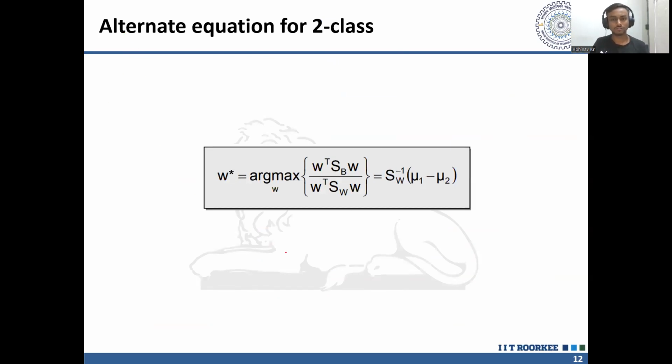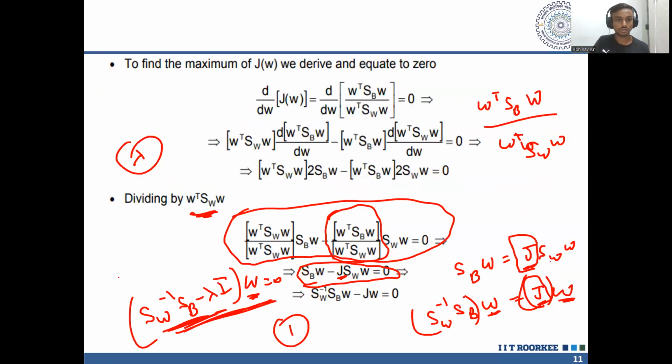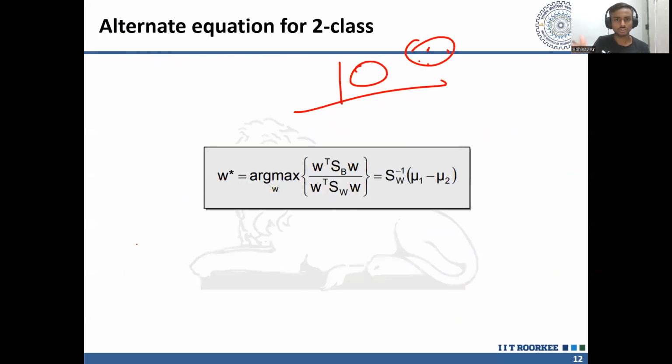When there are only two classes, for this equation of W star we can write a shortcut formula, which is SW inverse (mu1 minus mu2). So how is this derived, and why are we directly saying that it is SW inverse (mu1 minus mu2)?